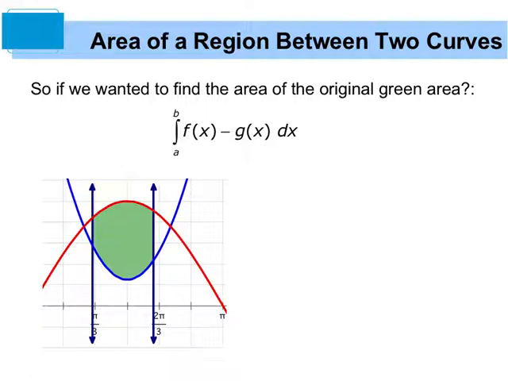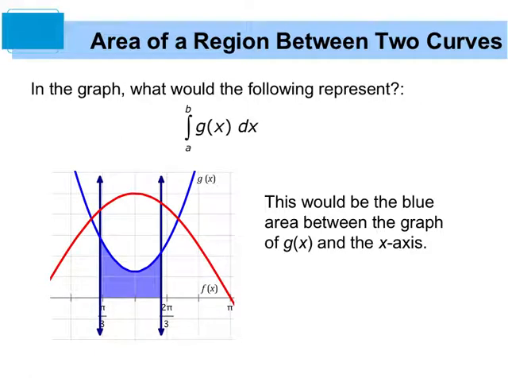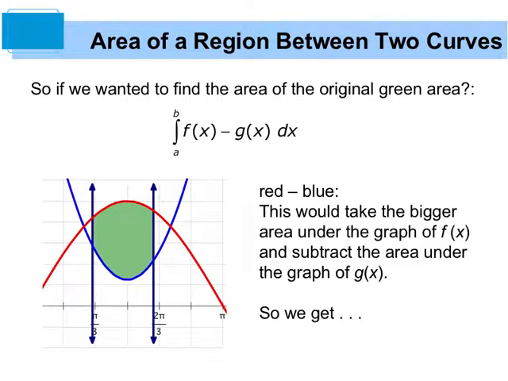This green region is bounded by f of x, g of x, and those two vertical lines. I'm saying for g of x, will all those just go down to the x-axis, or how is this defined, the area under the curve until the x-axis?